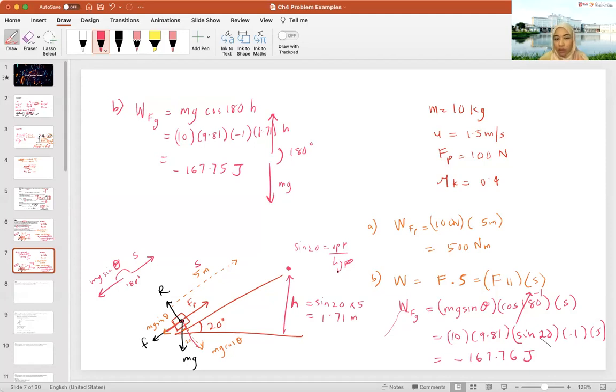Okay, so I hope everyone understands why we can use height, but we cannot use mg sine theta with height. Because mg sine theta is not parallel to height, but mg is parallel to height. But if this confuses you, just stick to mg sine theta times s. It's also fine, the answer is the same. Just another approach. Okay, so that is B.